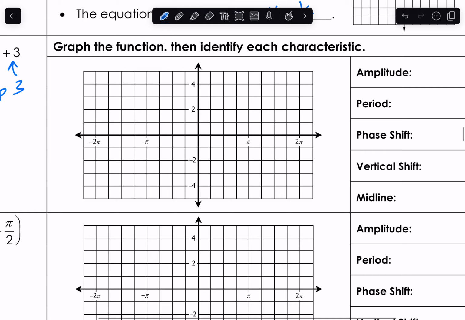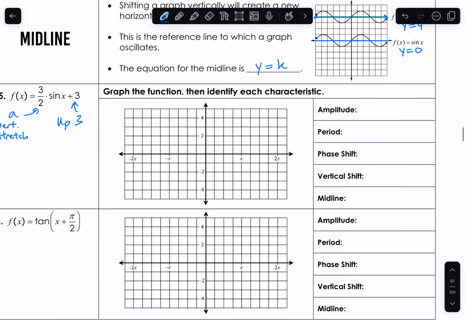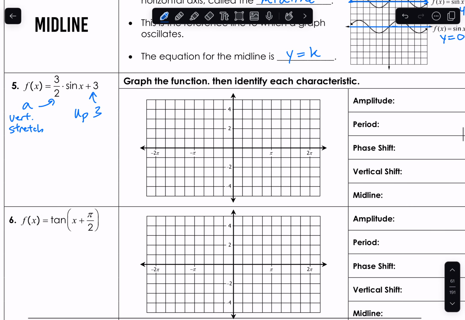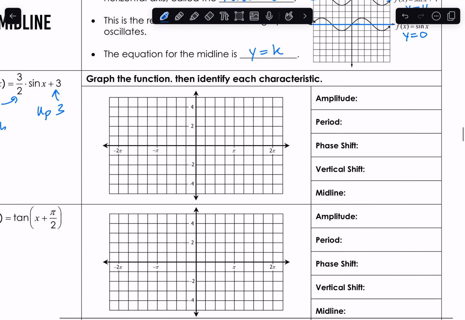So let's fill in what's going on over here. The amplitude is whatever A is, correct? The absolute value of A in this case. So amplitude is 3/2, or 1.5.